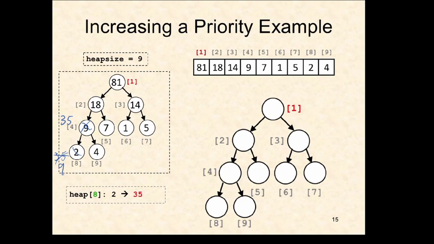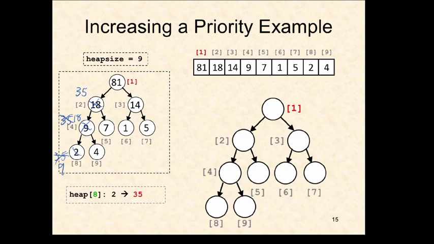Is 35 a higher priority than its parent? Yes, it is. That violates our heap property. So we would swap, move the 18 down, move the 35 up. Then we would check again. Is it a higher priority than its parent? No. So we don't have to move it up any further.